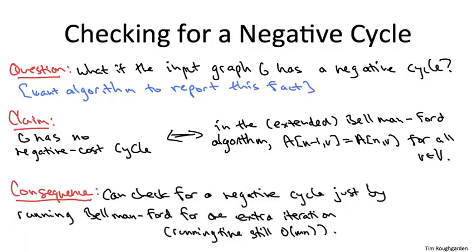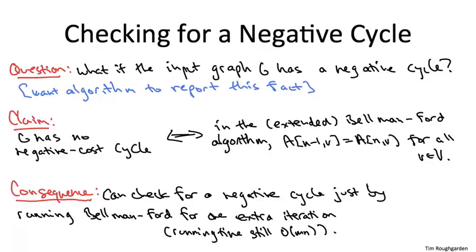So I'm lying a little bit in this claim. There's an edge case I'm not handling properly. When I wrote down the claim, I was thinking about arguably the common case of input graphs G where there exists a path from S to every other destination V. That is, input graphs where all of the shortest path distances are finite. If that's not the case, then the claim as stated is not correct.